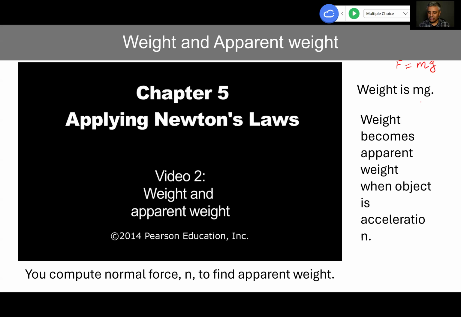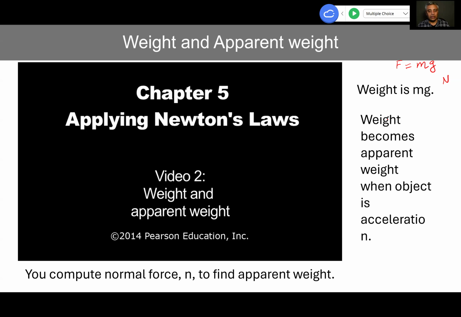And of course, your scale may change that mg reading to just mass by dividing it by g, okay? And it may simply show you the kilogram, okay? It can be written in terms of kilogram, but weight should be the force, okay? And its unit is in Newton.